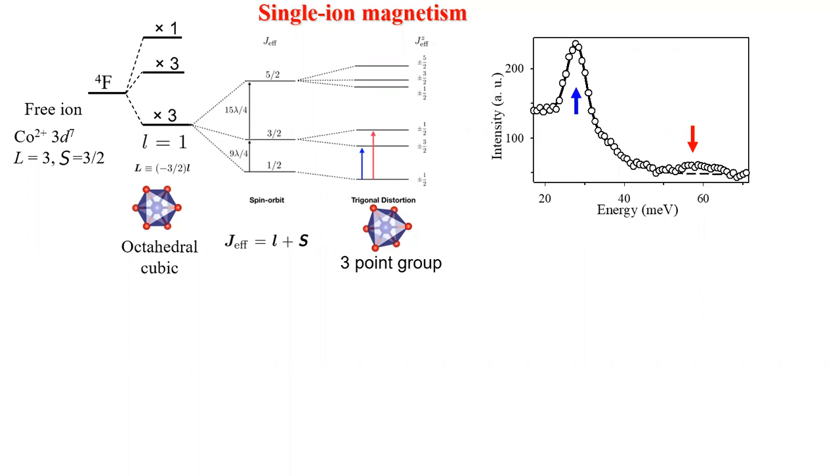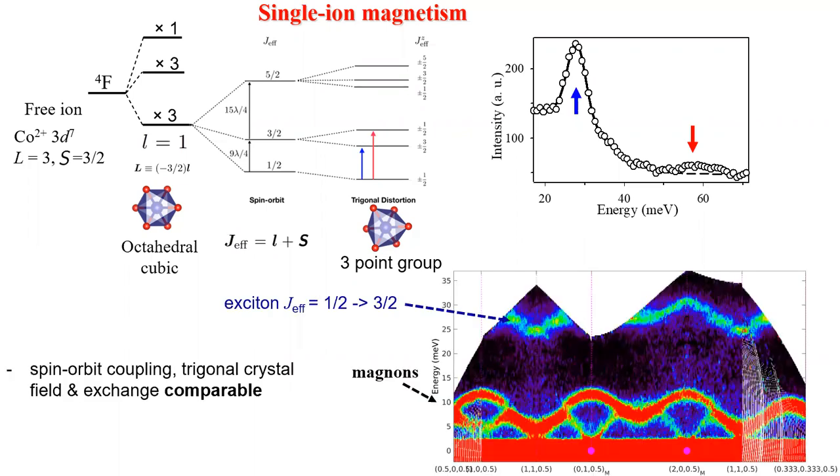And then by applying the trigonal distortion, which happens from the lattice, we're away from cubic symmetry, and we expect a splitting of this J equals 3 halves exciton. And there's experimental evidence for that. These peaks here, the blue and red, we associate with transitions to the trigonally split J 3 halves level.